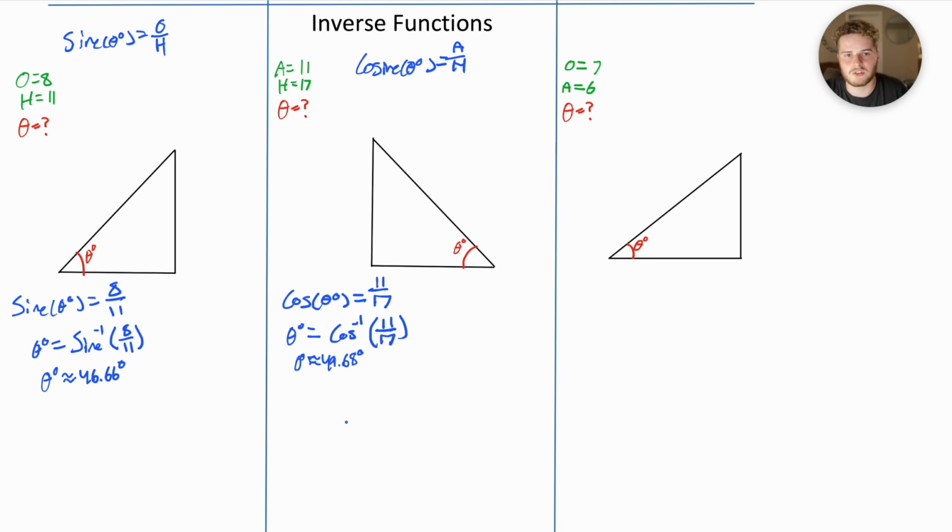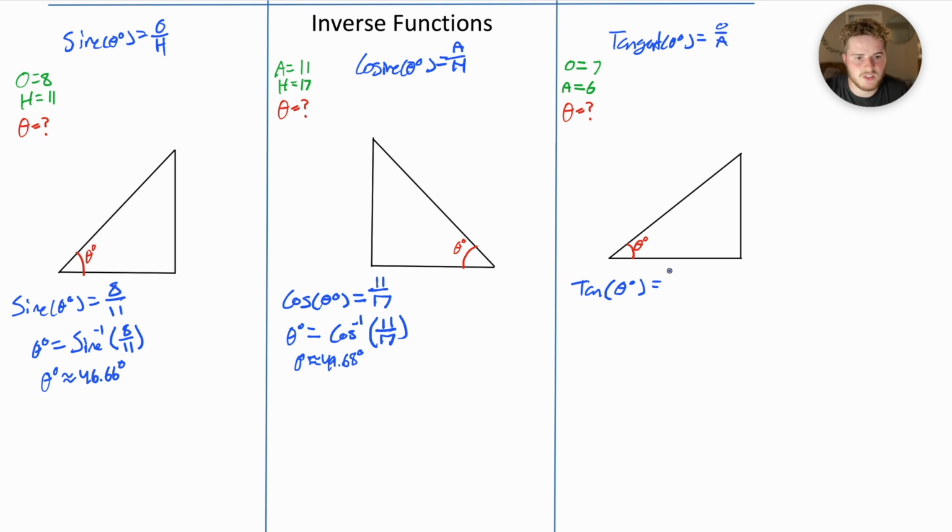Let's look at our final example. We have an opposite and adjacent using SOHCAHTOA. We know it's going to be a tangent function. So tangent of theta degrees is equal to opposite over adjacent. Now we will plug that in down here. We say tan, abbreviation for tangent, of theta degrees is equal to opposite over adjacent.